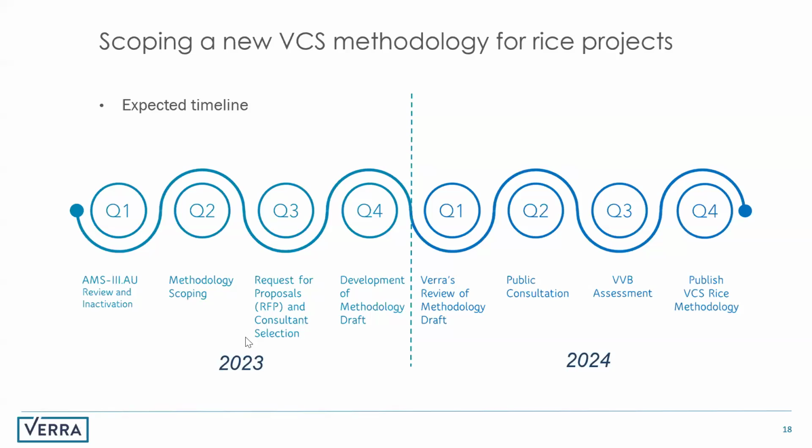That's one example of the advantage of using this new rice methodology, and also because you're going to find specific guidelines helping a project developer to implement a project, for example, in terms of certifications, and also guidance for field measurements. So I hope I have answered your questions. If not, please send us an email so that we can clarify further.